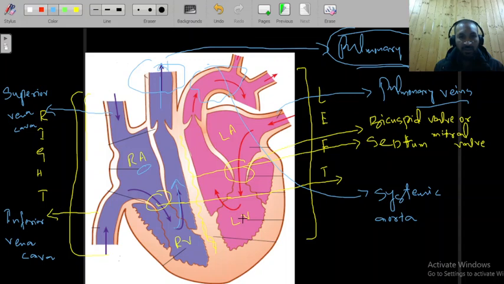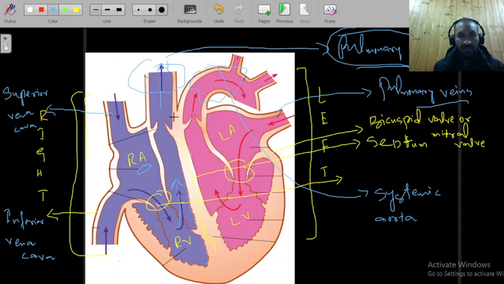But in the left ventricle, the blood is pumped into the systemic aorta, and the blood has to be transported around the whole body, to each and every cell so that oxygen is transported to your cells. That's why it has more musculature than your right ventricle.